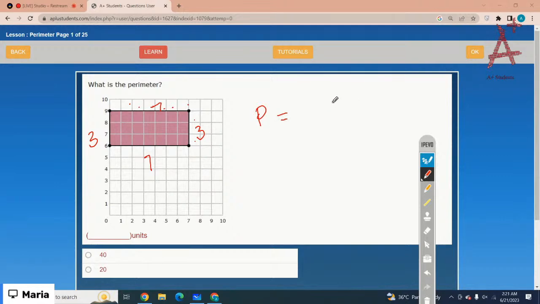You have to calculate the perimeter of the shape. It would be the sum of all the side lengths. So the sum of all the side lengths is 20. So the perimeter of the shape is 20.